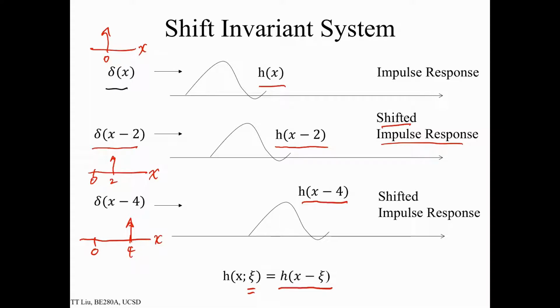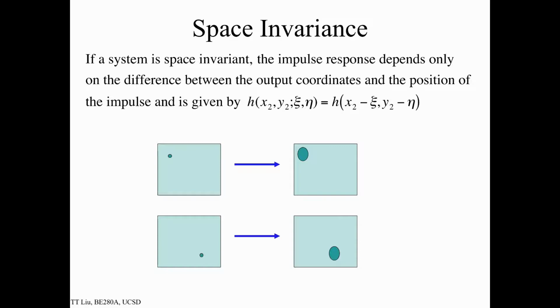So this is for a 1D example. We can also look at a 2D example. In this case, recall previously we said that impulse responses could depend on the location of the delta function at location xi and eta. And in this case, we're saying that if it's a shift invariant system, we just shift the impulse response by xi and eta.